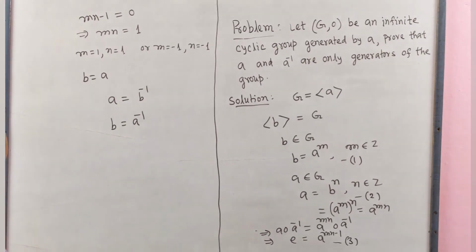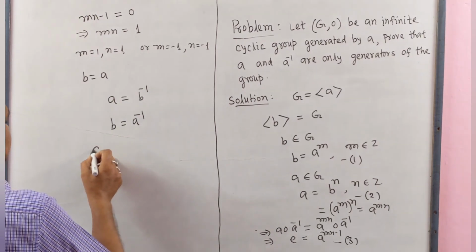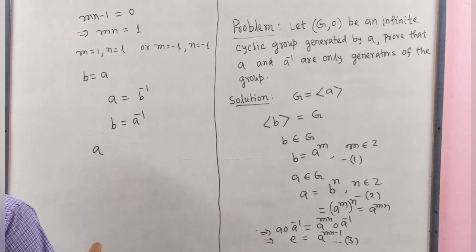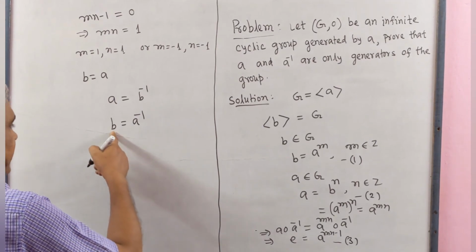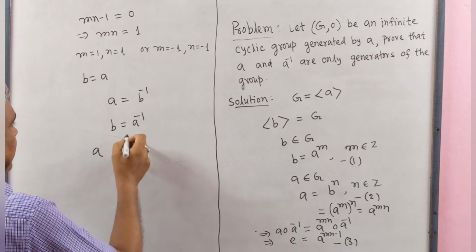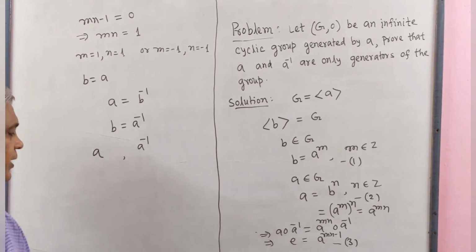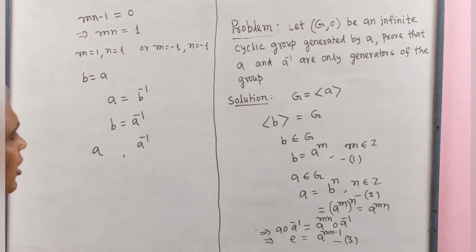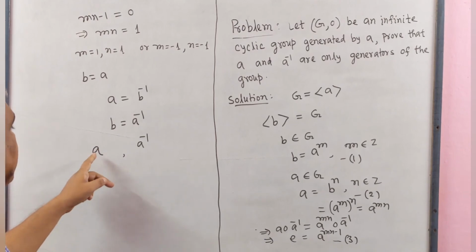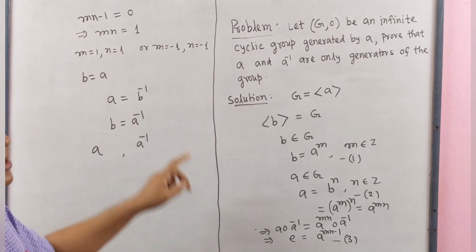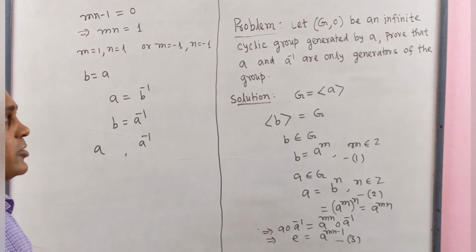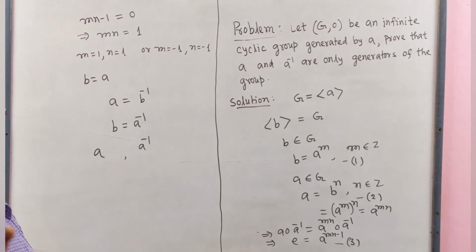That means if A is a generator and B is another generator, then B equal to A inverse is the other generator. Therefore only two generators, A and A inverse, are possible in the case of an infinite cyclic group.